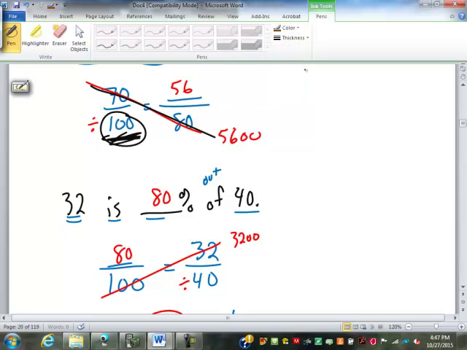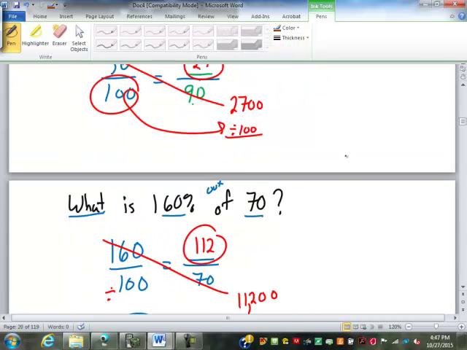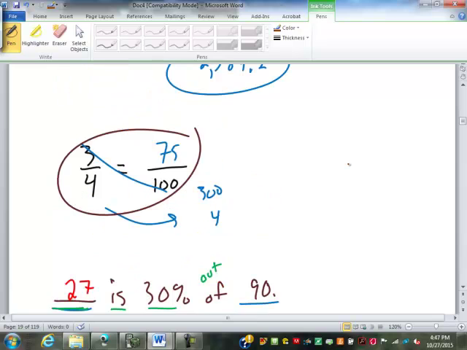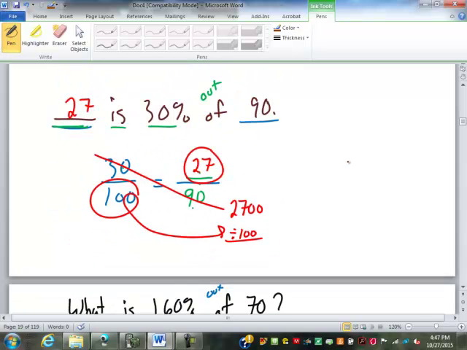Some of you may have been taught a method called the rate method. In the rate method of percent, and your textbook goes over this a little bit, your percent is always turned into a decimal. And then you multiply.